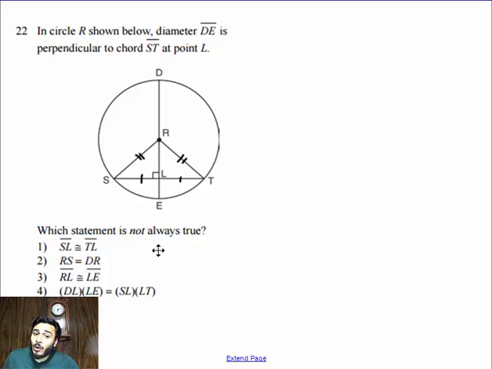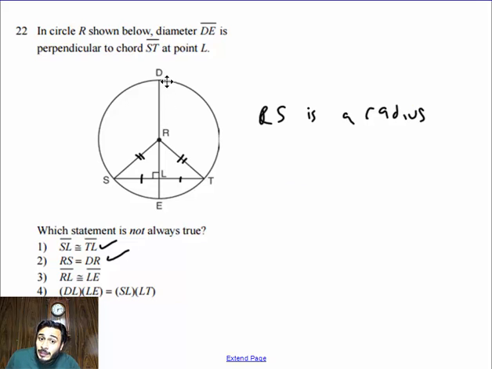Which statement is not always true? So it says SL is congruent to TL. No, that's true. Just went over that. RS is equal to DR. That is true. I know I didn't cover that, but that is true. Let me explain why. RS is a radius. You notice something else?